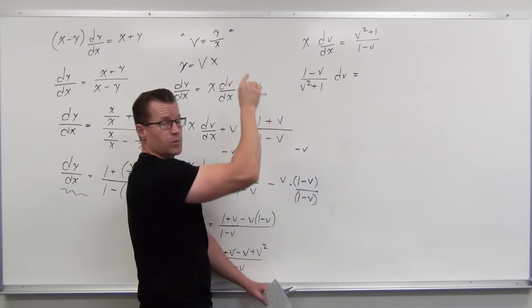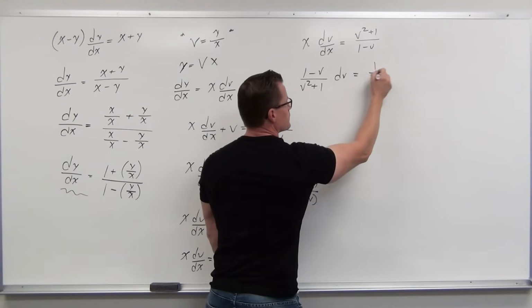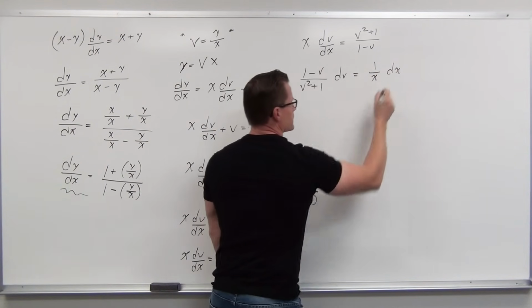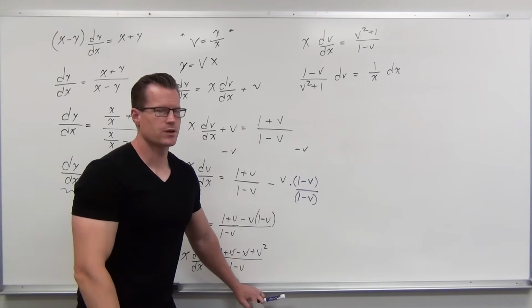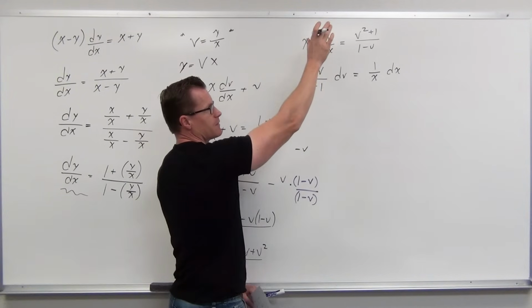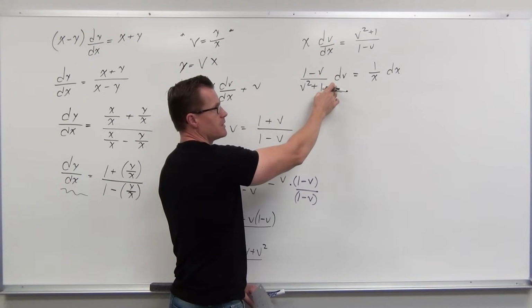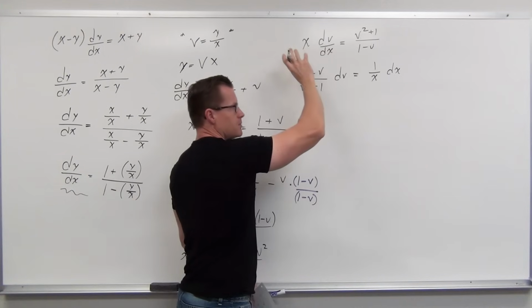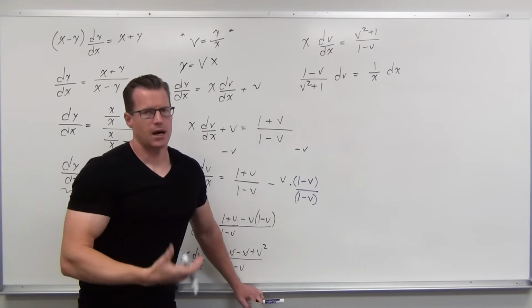On the right-hand side, we have to divide by x dx. Let's let that sink in for a little bit. Hopefully you're with me on this. Multiply by 1 minus v, check. Divide by v squared plus 1, got it. Leave the dv. Divide by x, got it. Move the dx. Now we take our integral.